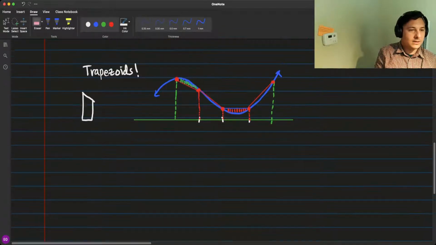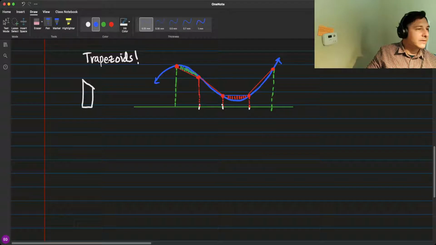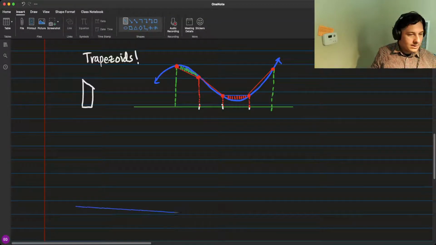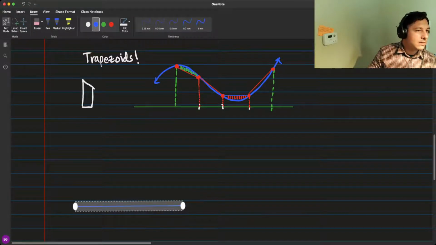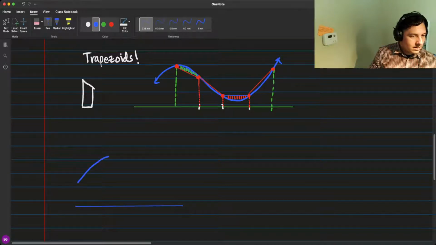Okay, so let's draw our little example that we're going to use to figure this out. Here's going to be my x-axis. Here is going to be my function.